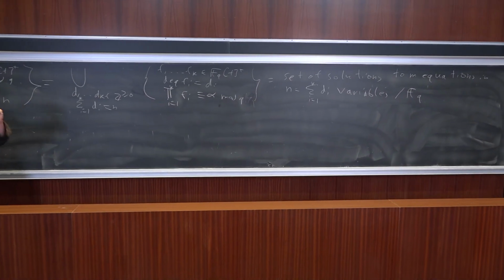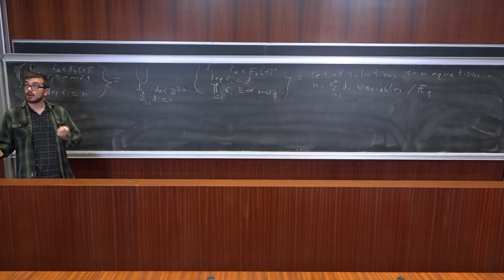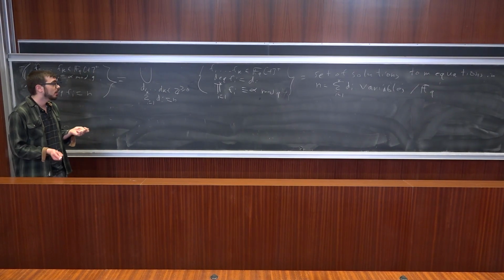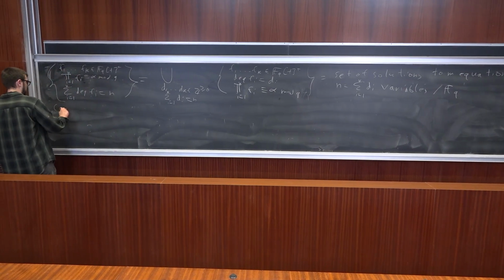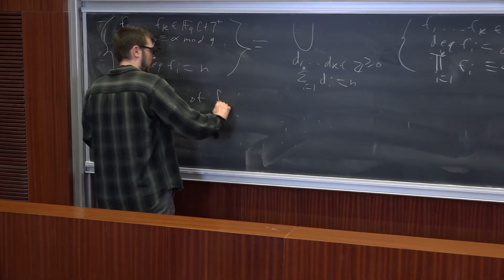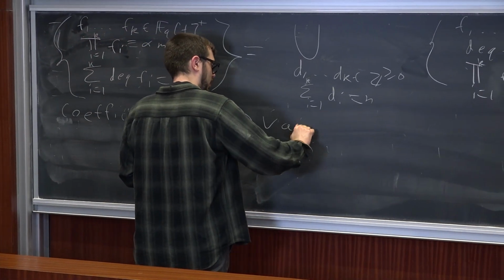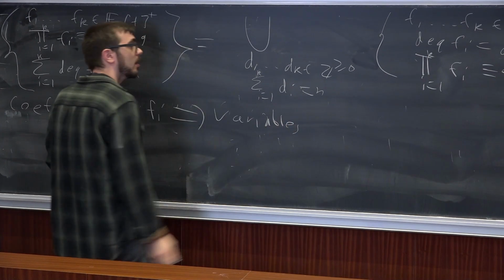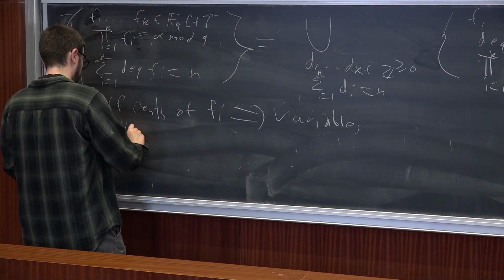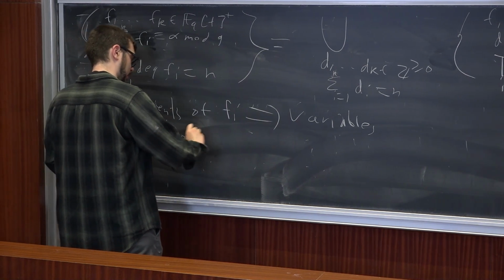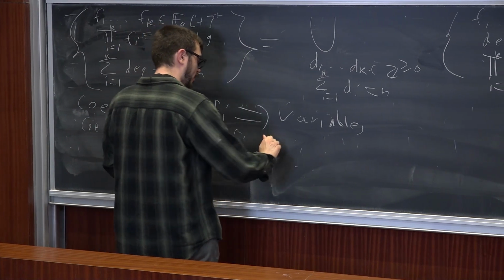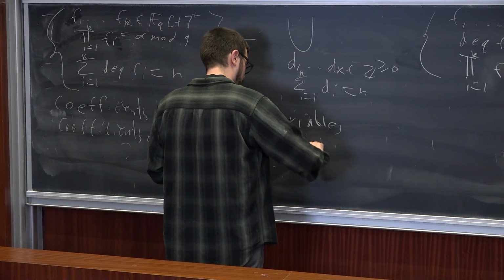But we fixed the first one to be 1, so we have di coefficients that vary. Those are our variables. So the coefficients are the variables. And so the coefficients of the product of the fi are polynomials in those variables.